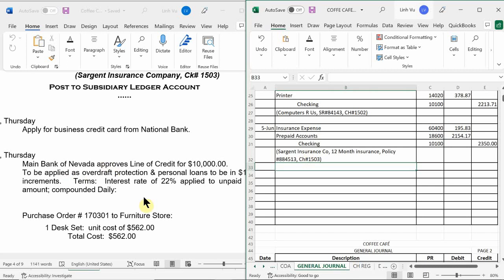How do we record that we have a line of credit?